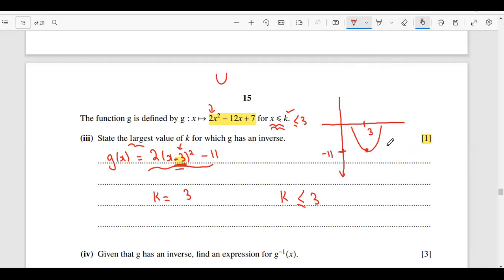And that is why it is this. Yes, is that okay now?